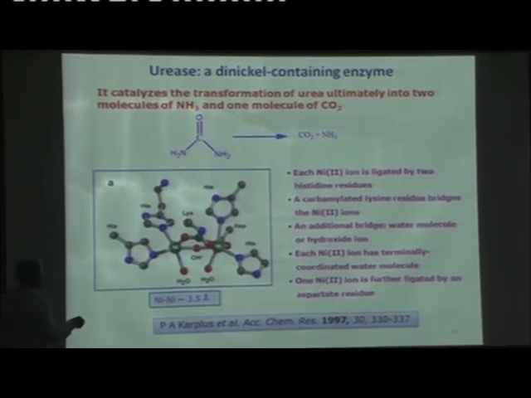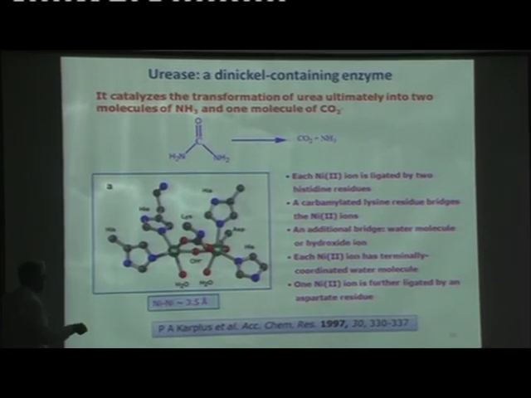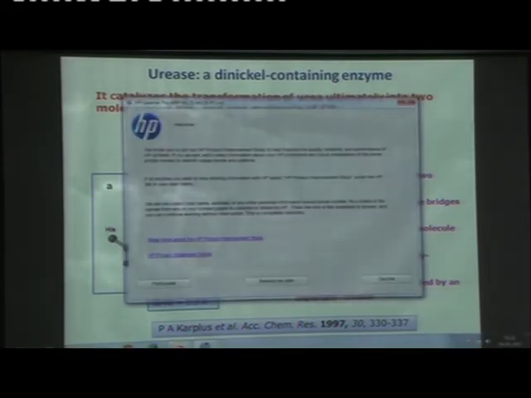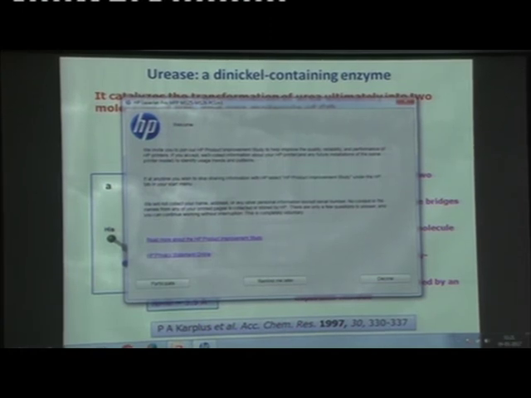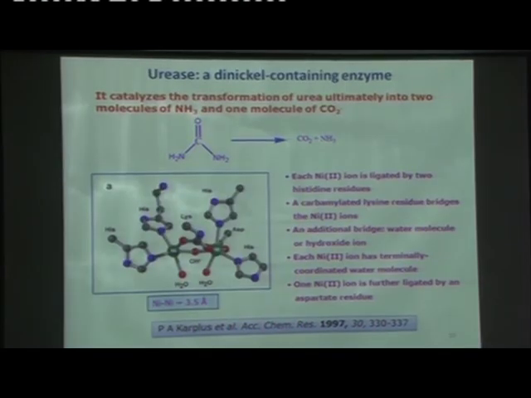The distance between this and that is around that. What happened? This is important. In one place the substrate will get bound, and here a hydroxide will be generated. Electron density will be pulled by the metal ion, so the water will become hydroxide.